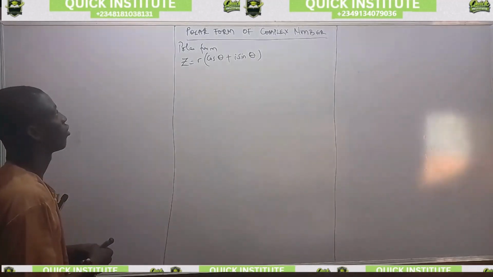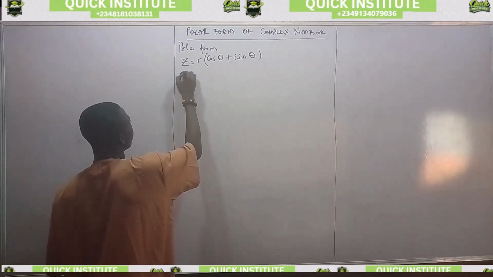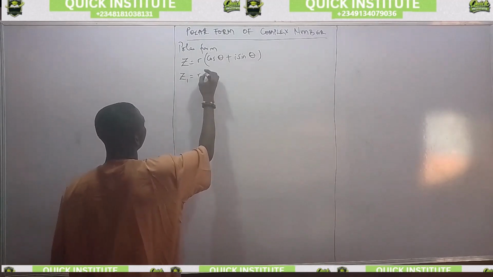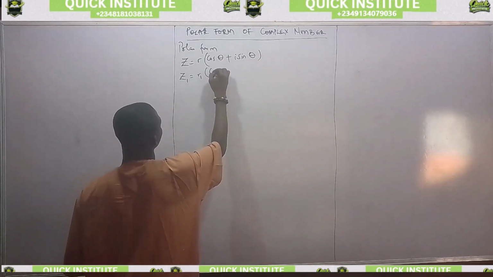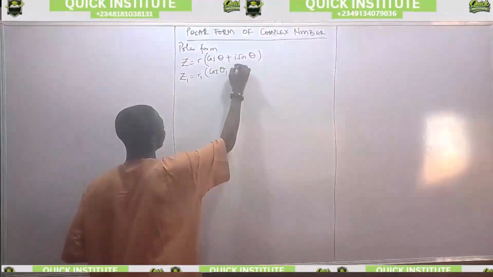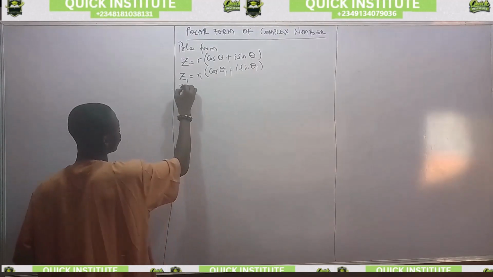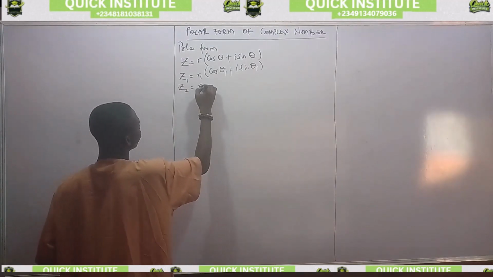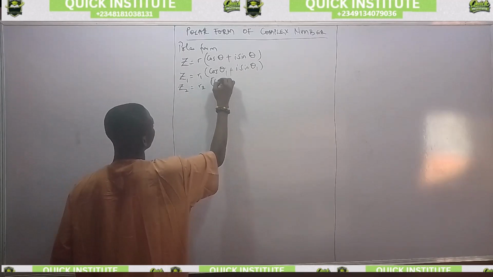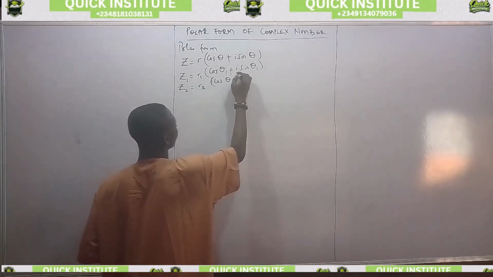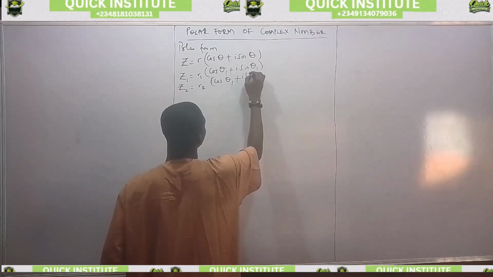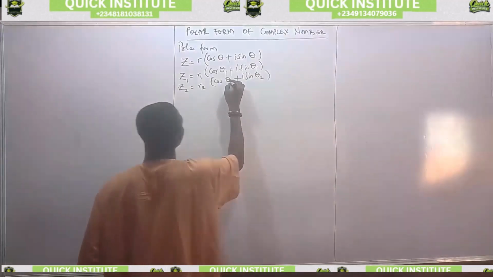Now let's say we have z1 equals r1 (cos theta 1 plus i sin theta 1), and z2 equals r2 (cos theta 2 plus i sin theta 2).